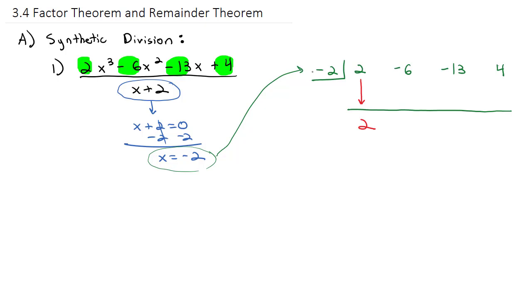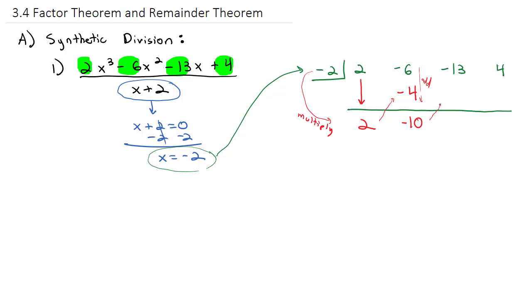And then I'm going to take the -2 in the box and I'm going to multiply it by whatever number I have below, and that answer is going to go underneath the -6. So in this case, -2 times 2 is -4. And now I'm going to add these numbers going down. -6 and -4 is -10.